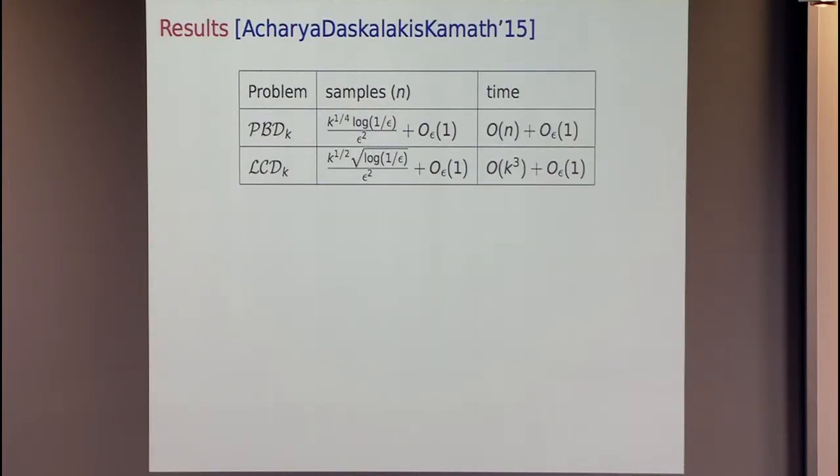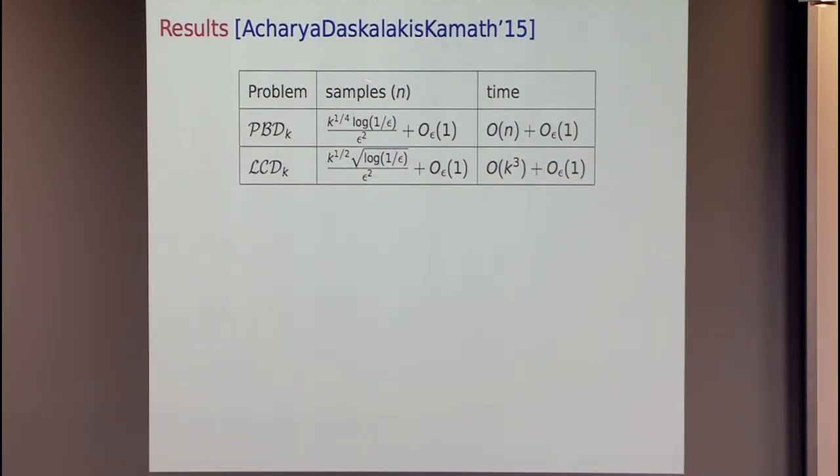So these are the results that we have. For the class of Poisson binomial distributions, the number of samples required to test grows as the alphabet size to the 1/4 over epsilon squared, plus a number of samples that's independent of the domain size.